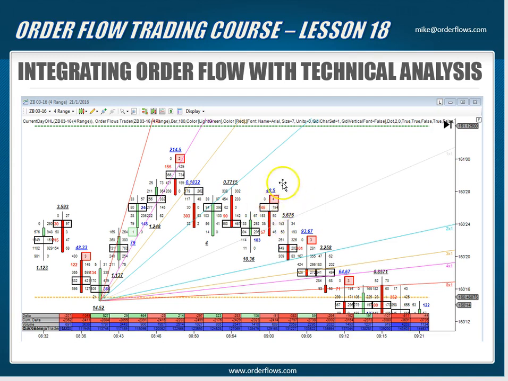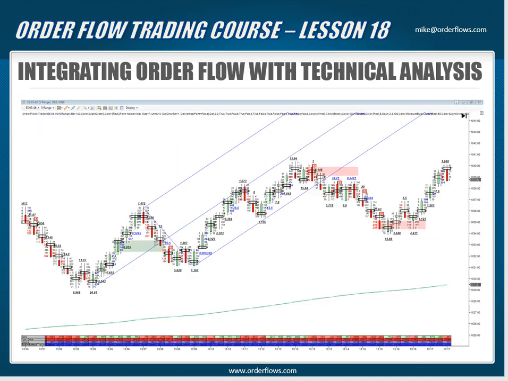And here I see, at the 45-degree line, the single print bar with the ratio that I like. So, to me, it's indicating that if we could break this level, this 45-degree line, we should stay below it and go lower. But for me now, I don't necessarily draw the angles on the chart. It's more of a visual thing.